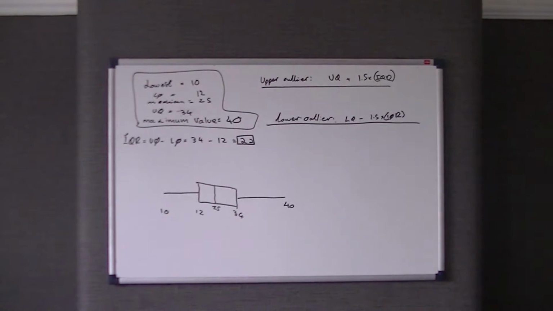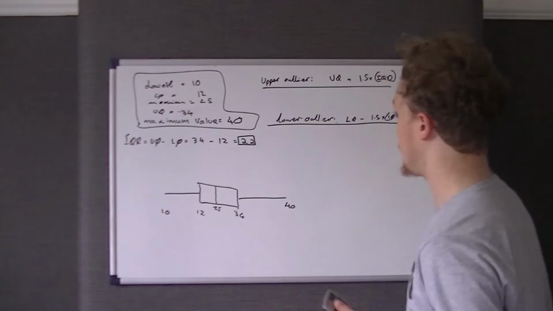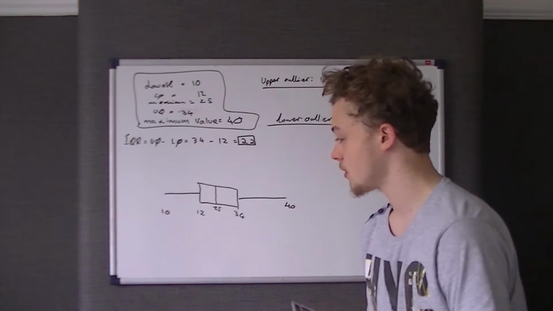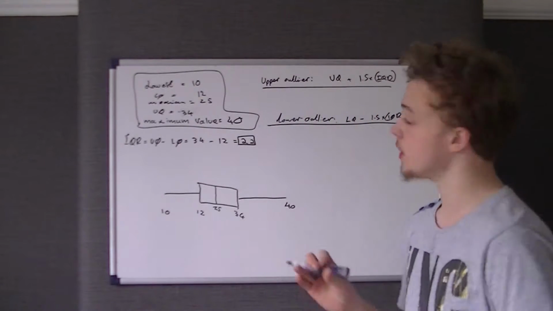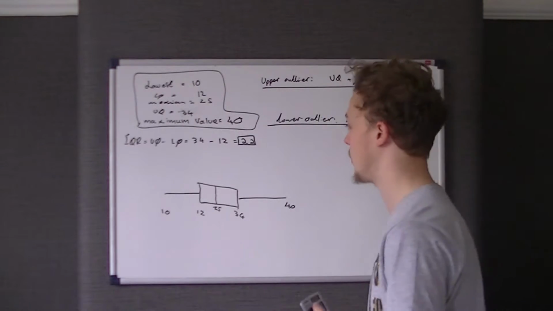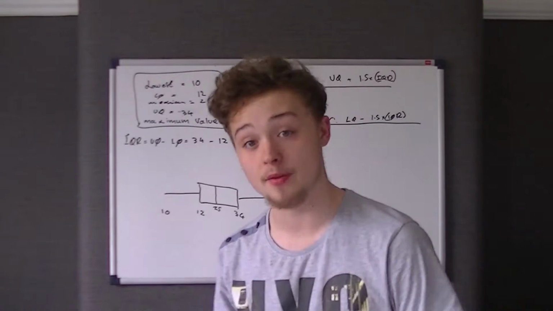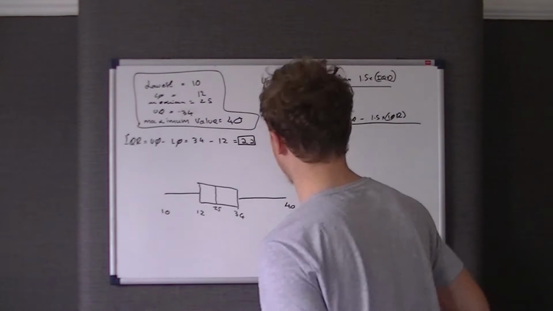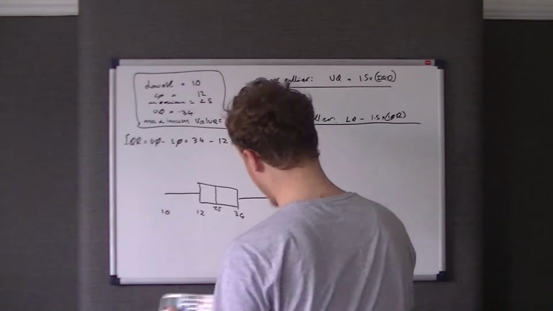Okay, so it's just a case of subbing the numbers in. All I wanted you to really do was show the upper and lower outliers if there were any. And after that, I'm going to show you what you'd do if there were.